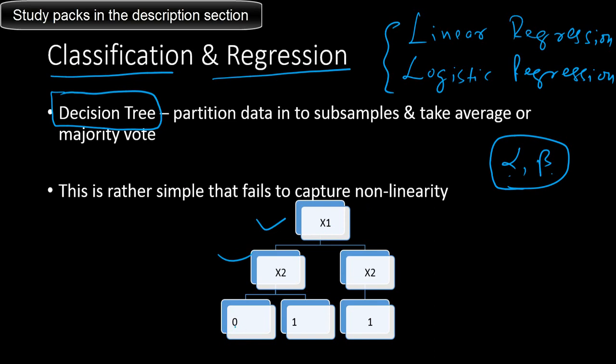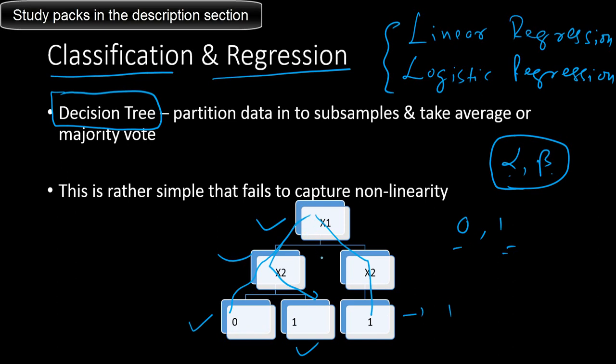Let's say it is a classification problem of 0 and 1, and then this group is 0, and this group is 1. So somebody falling in this particular group is 0, somebody falling in this one is 1, and here it is 1.